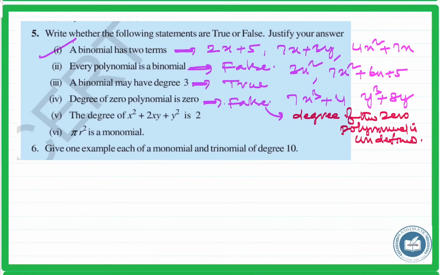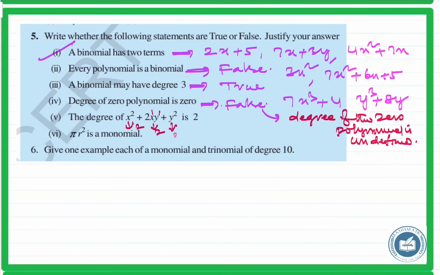The degree of x square plus 2xy plus y square is 2. Yes, correct. Here you see the degree of the first term is 2. The degree of the second term is the sum of the exponents of the variable factors. So x and y are the variable factors, and the sum of exponents is 2.